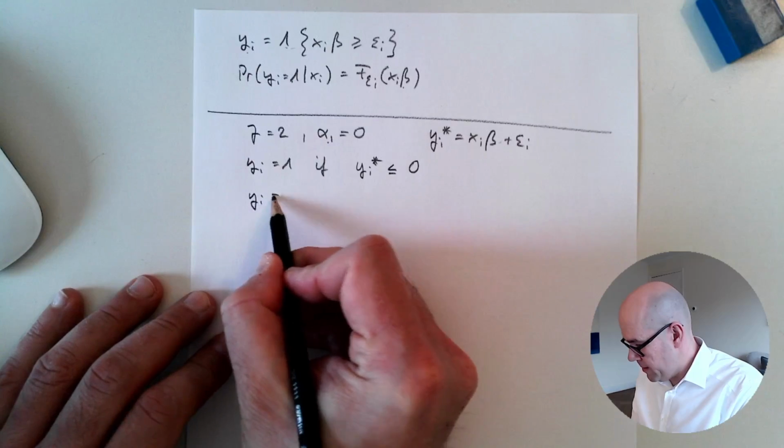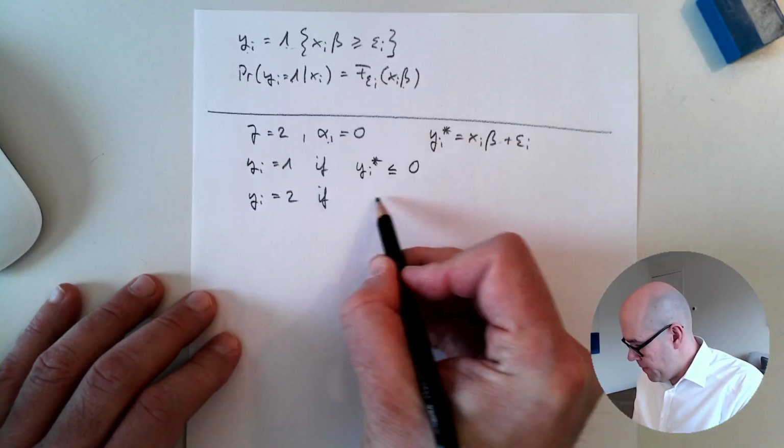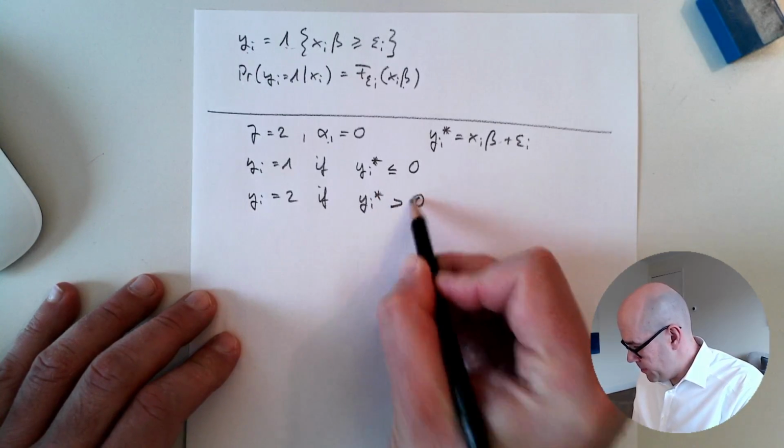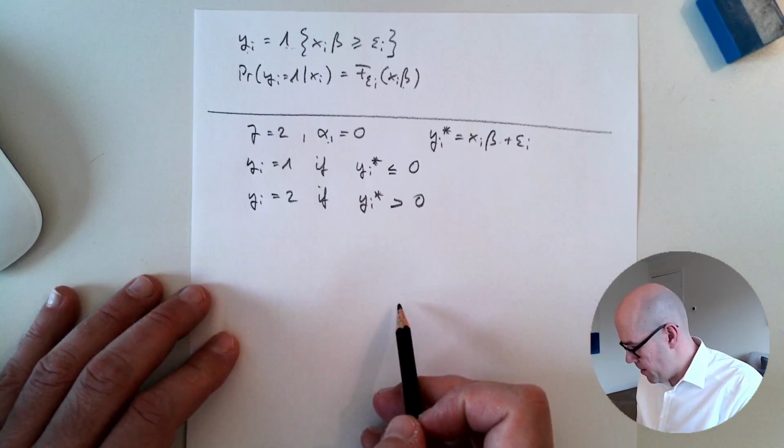And I get yi is equal to 2 if yi star is greater than 0. Again, this is alpha 1.